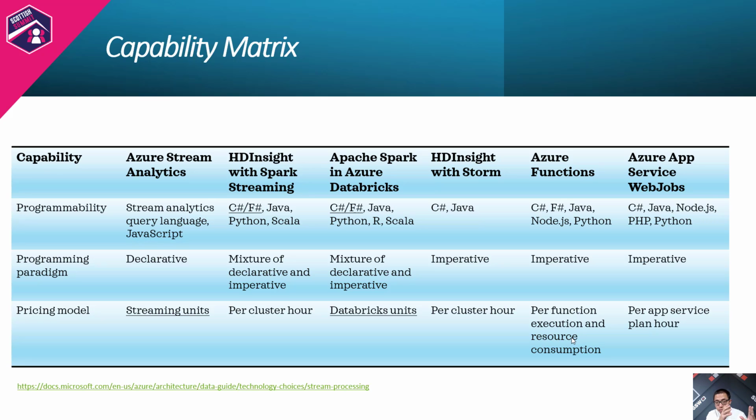Now, for the first three options, Azure Stream Analytics, and the two options for Spark on Azure, either HDInsight or Spark in Databricks, they're both charged by some sort of cluster or unit. So the cluster or unit are all abstractions of some underlying infrastructure.